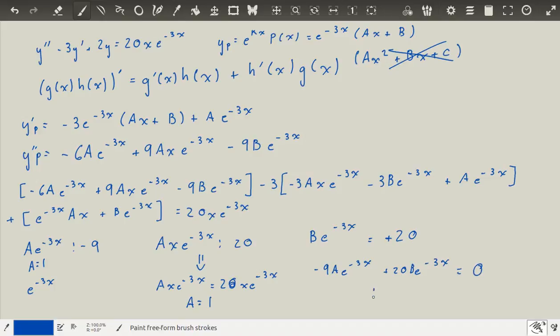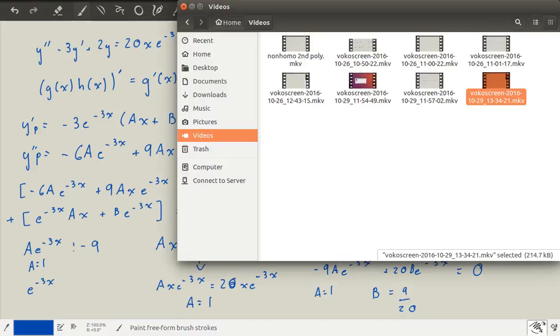So basically that means a is equal to 1 and b is equal to 9 by 20. We're just comparing the coefficient of b, and we know that needs to equal 0. So that's how you solve for the particular equation.